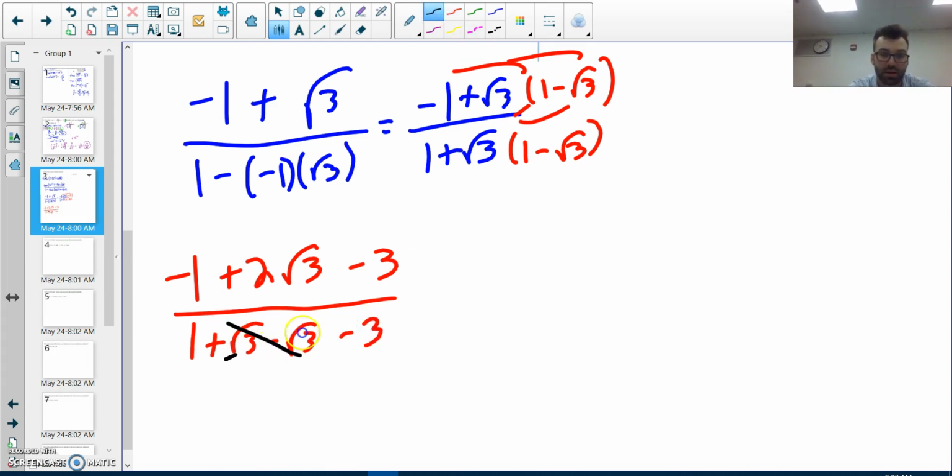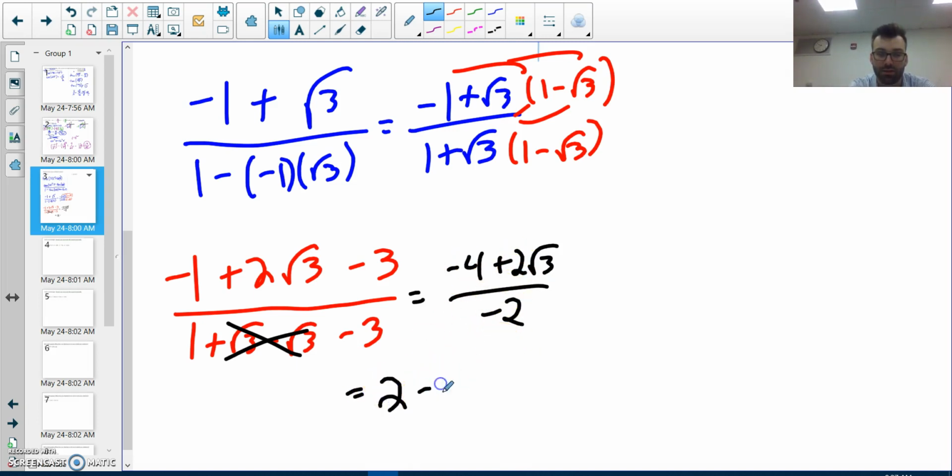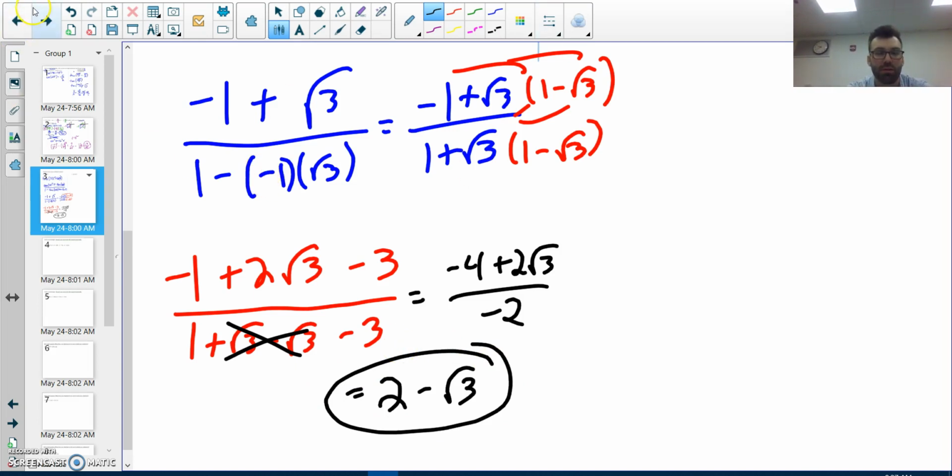So I end up getting on top negative 4 plus 2 root 3, all over negative 2. And simplify it out. Negative 4 divided by negative 2 is 2. 2 root 3 divided by negative 2 is minus root 3. Alright, and we are going to stop there for this one, and then I'll come back with number 5 in the next video.